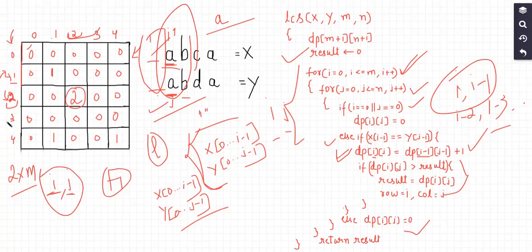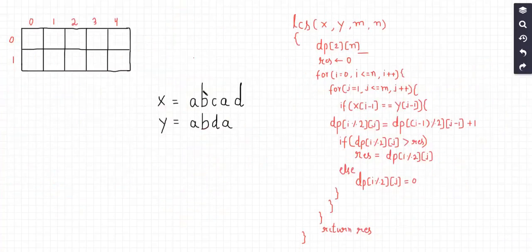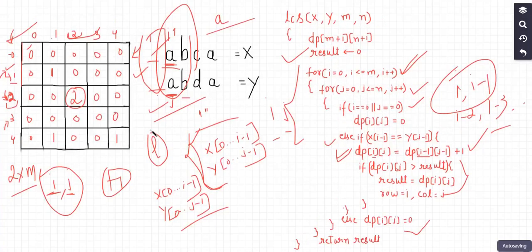And for row number 3, I will store the results at row number 1. In other words, for all the even index rows, I will store the results at row number 0, and for all odd number rows, I will store the results at row number 1. That's all. And that's the optimization which I am going to make.